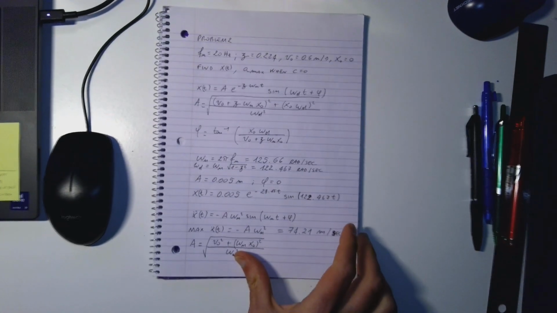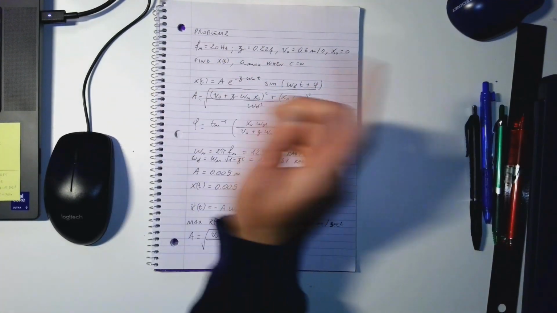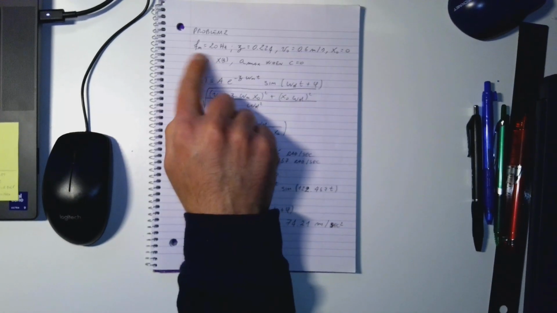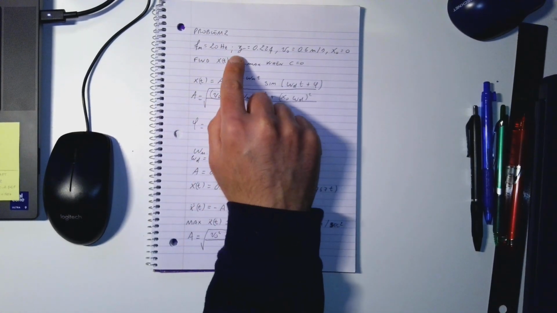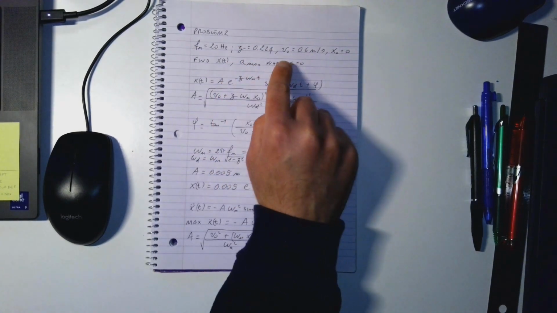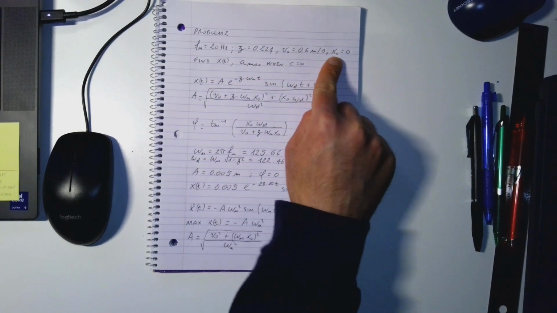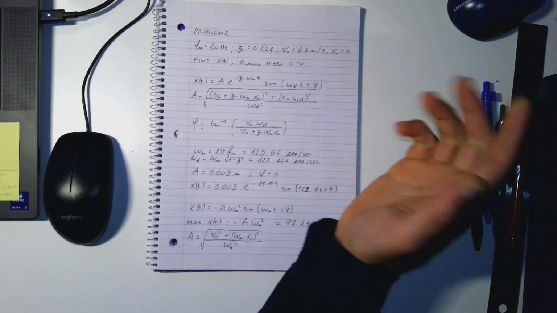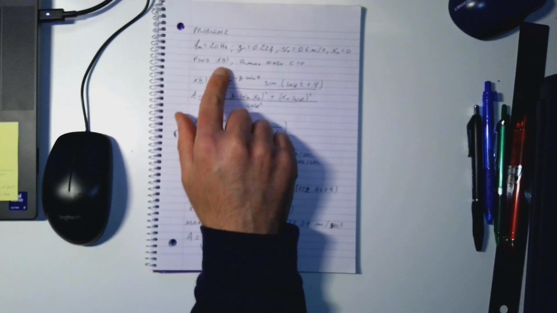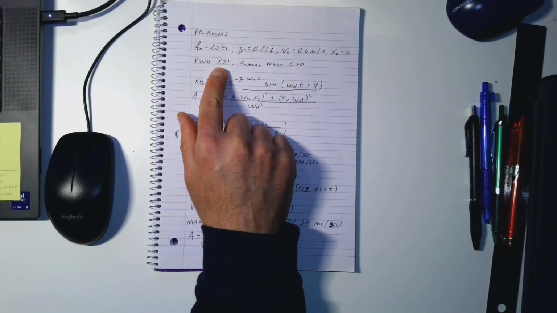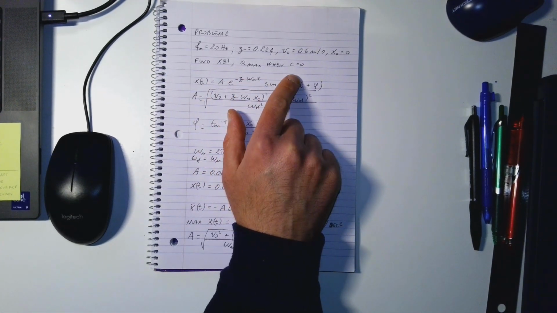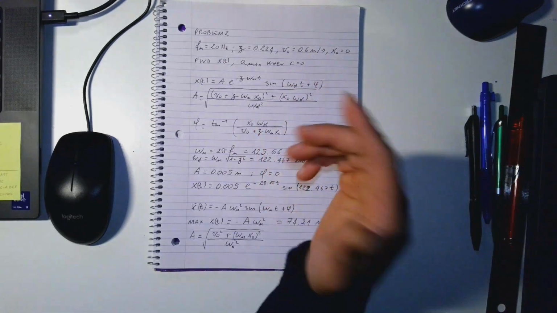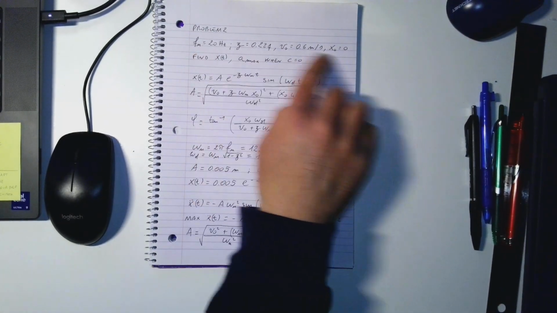And then for problem number 2, we knew that the system has a certain natural frequency expressed in hertz. We already knew the damping ratio, and we also knew the initial velocity and initial position. So with this information we need to determine the displacement as a function of time, and also the maximum amplitude if we have no damping. Even in this case, pretty straightforward.